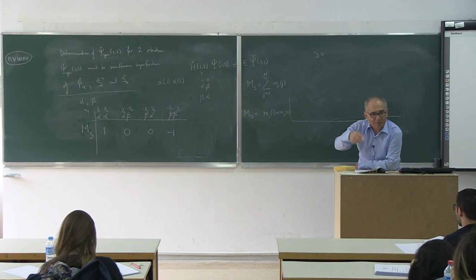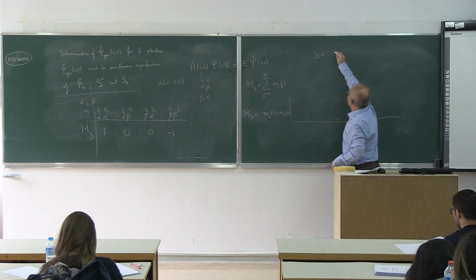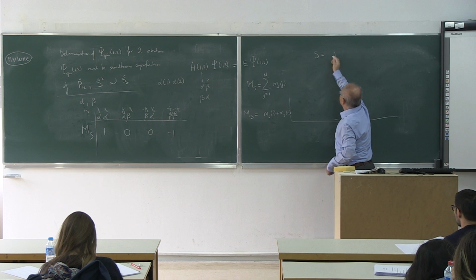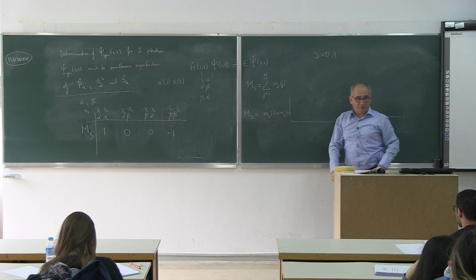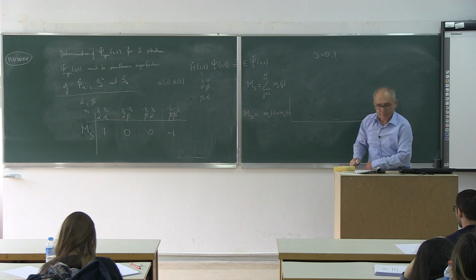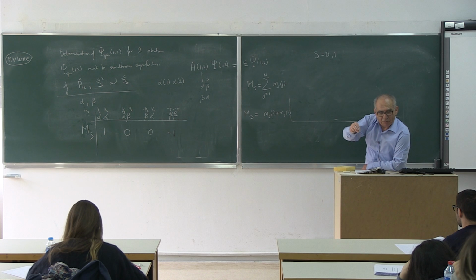Remember, the maximum spin quantum S value is the number of electrons divided by 2. Here we have just 2 electrons. So what is the maximum? For S, 2 over 2, 1. We had discussed this. And all non-negative numbers smaller than the maximum. So we have just 2 possibilities for the S quantum number. S is either 0 or 1.